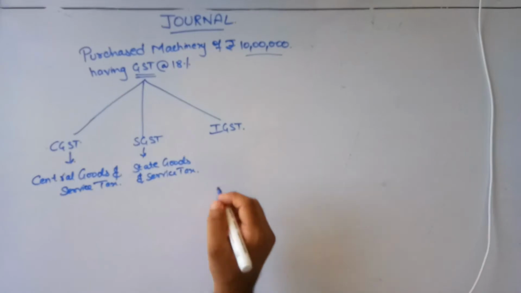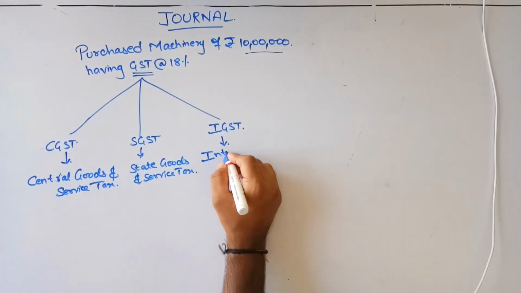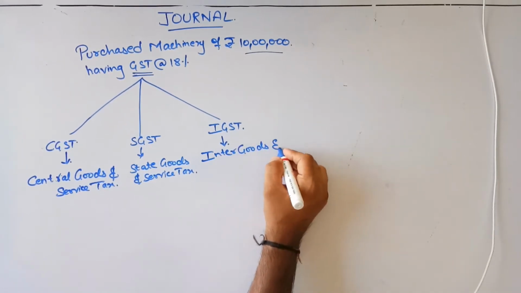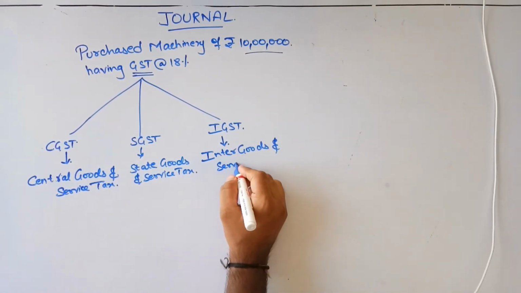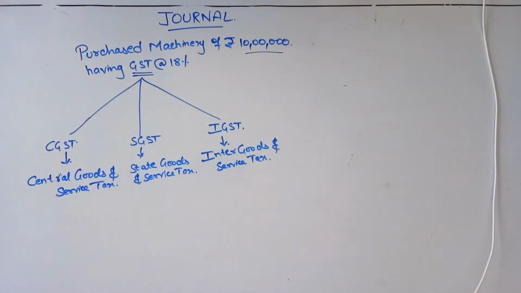Okay, this is your Integrated goods and service tax. Now understand one thing. What is the difference over here?